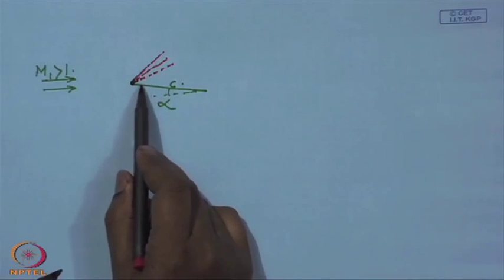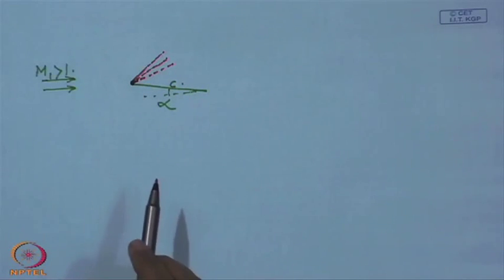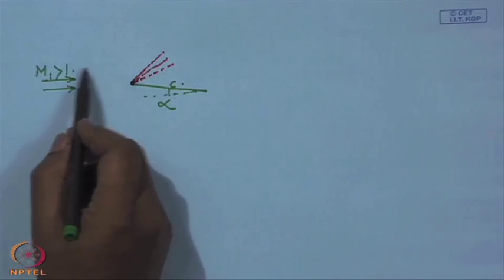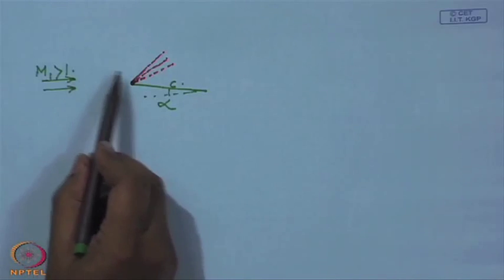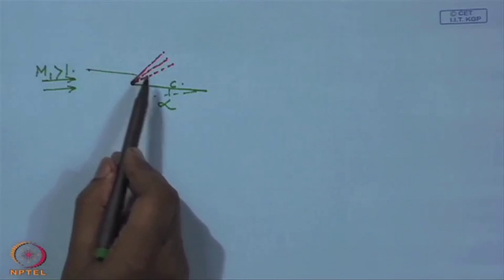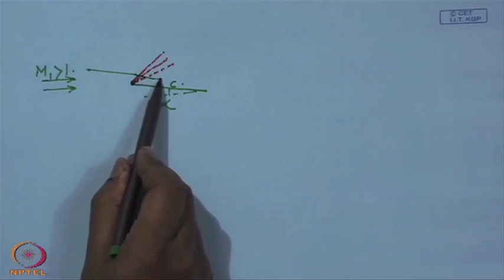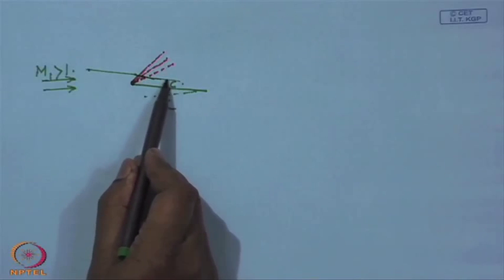The plate being straight, there is no further change in the properties. So, if we consider a particular streamline ahead of this, which is straight, it now turns and becomes parallel to the flat plate surface.